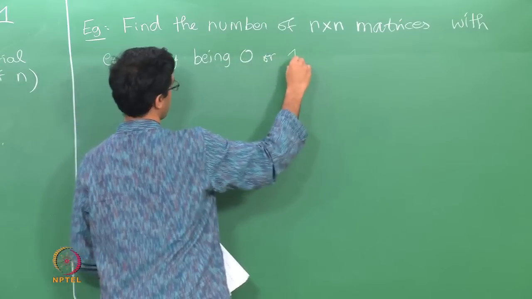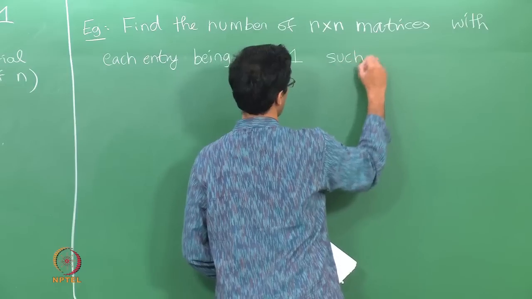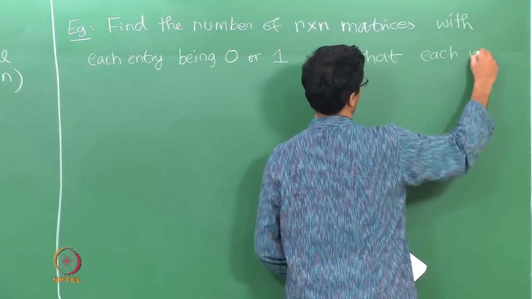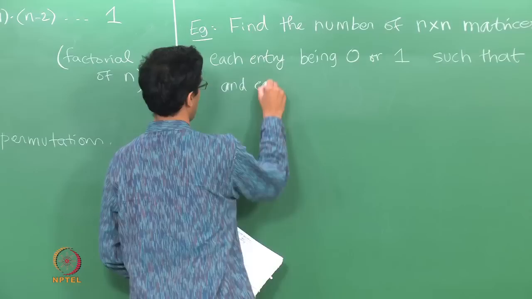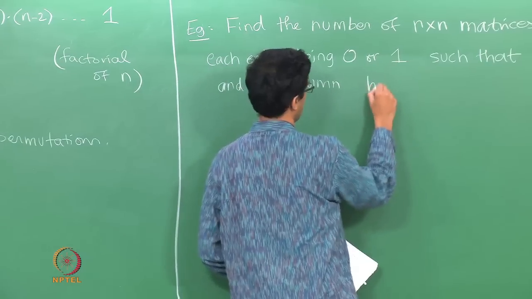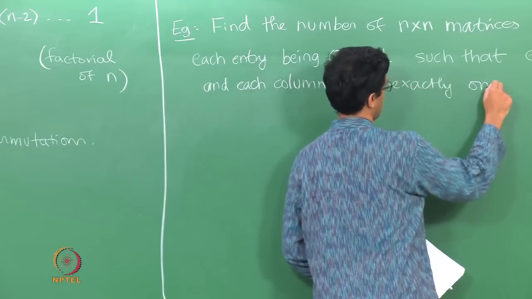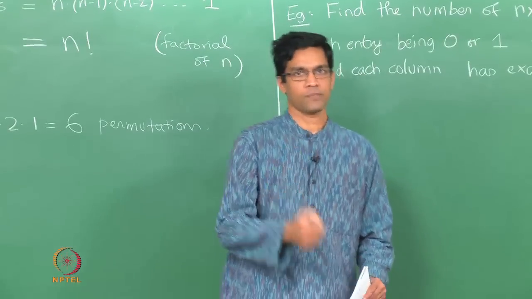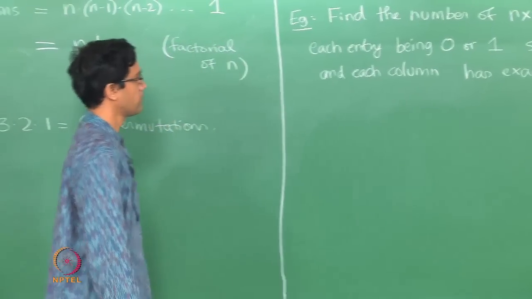Sometimes these are called 0 1 matrices, every entry is 0 or 1, with the following condition: each row and each column sums up to 1, or another way of saying it is it contains a single 1. Okay, every row has a single 1 and every column has a single 1.